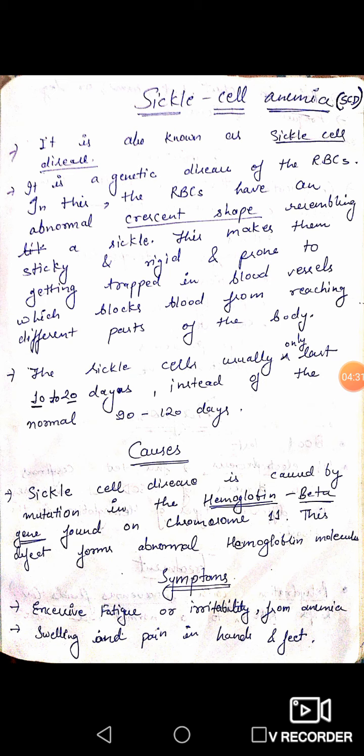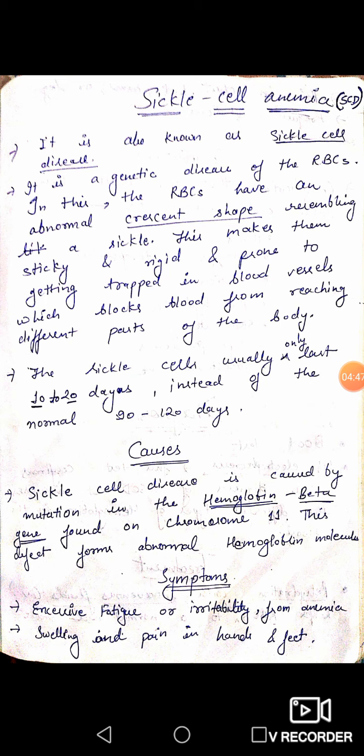The abnormal shape of the RBC in sickle cell disease makes them stick to the blood vessel and they cannot reach the tissues.